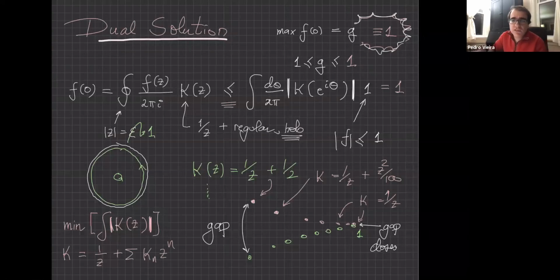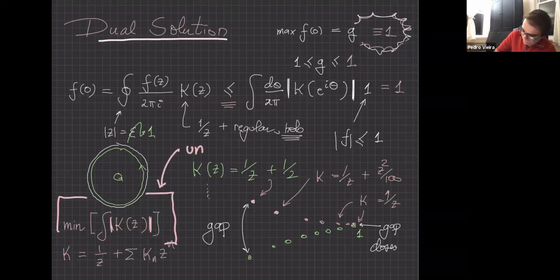And now it's unconstrained, anything, right? You put a pole plus anything holomorphic. So this dual problem is unconstrained. That's great, but it's nonlinear because of this absolute value that Shiraz pointed out.